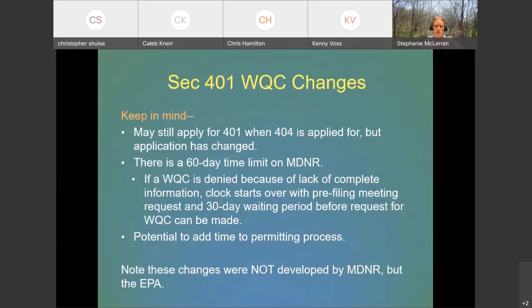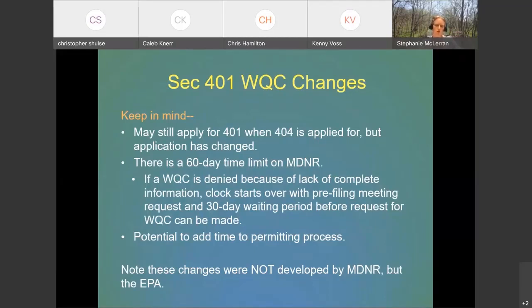But it's a different process than it was, because you have to have that language and the pre-filing meeting request and all that. Keep in mind there's that 60-day time limit, so don't request the certification until after 30 days has passed from the meeting request, and don't request it so soon that not enough details about the project are known yet.